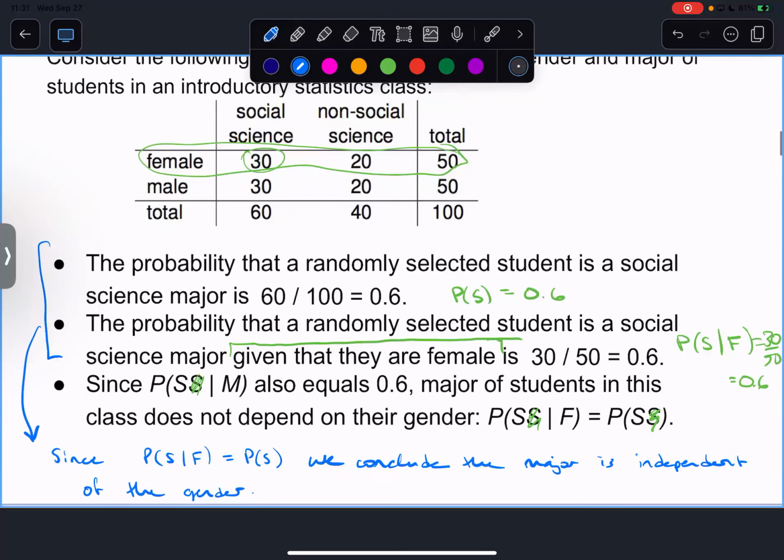You were able to look at this and maybe not put your finger on why you would say that they're independent, but mathematically, this is why. Because the conditional probability actually doesn't depend on the gender, and it ends up being the same as just the raw probability of being a social science major.